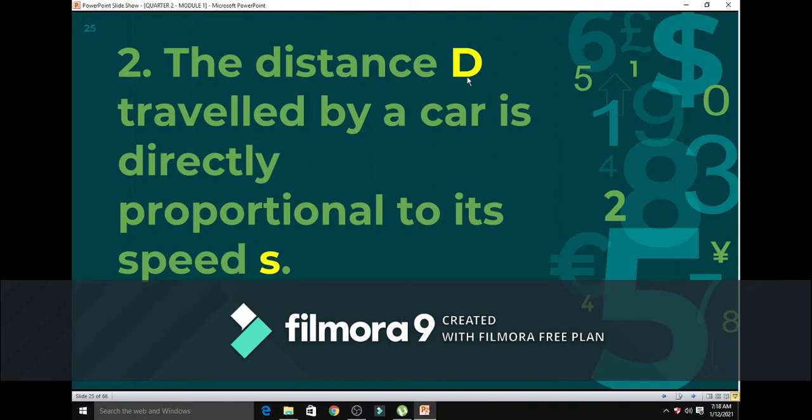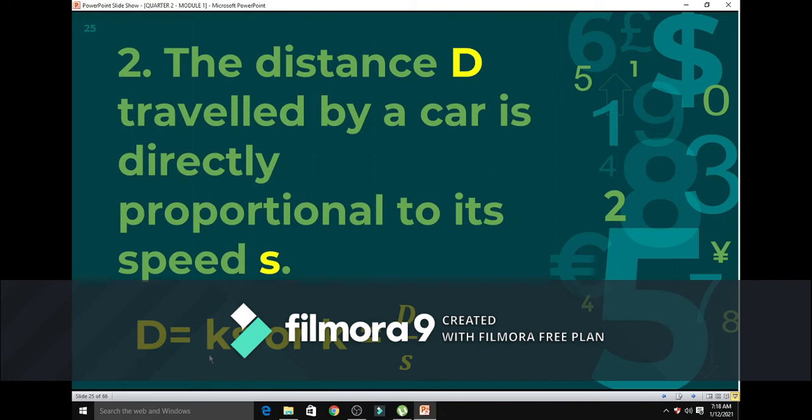So, ang variables natin dito ay D, which is the distance, and S, which is the speed. So, how are we going to write it as an equation? So, first variable on the left side, second variable on the right side, together with K. So, ang magiging equation natin is D is equal to KS.